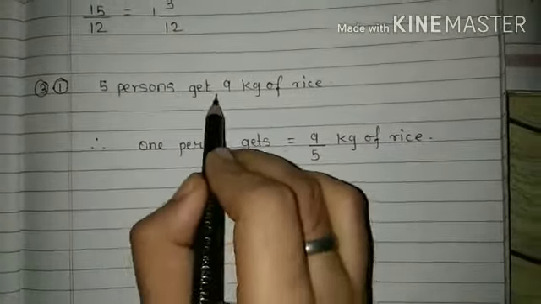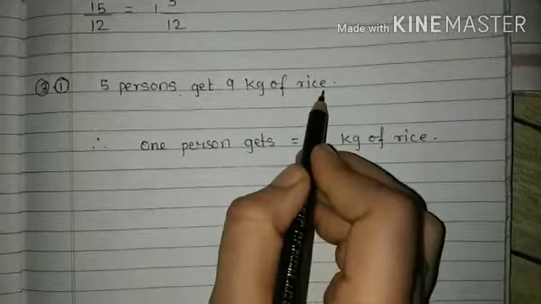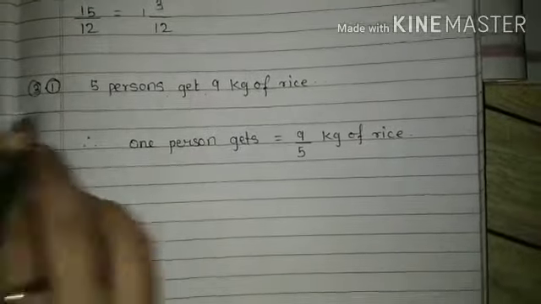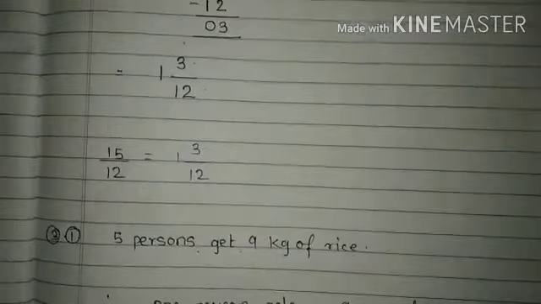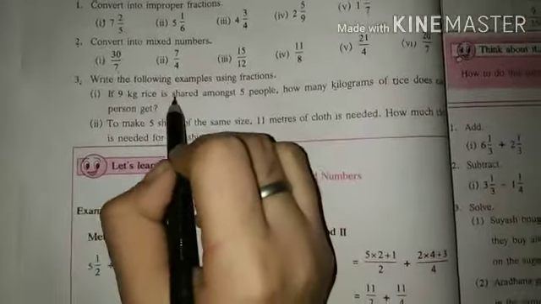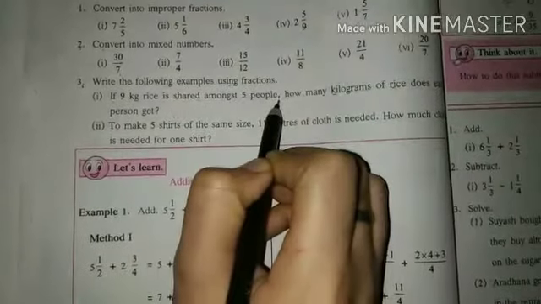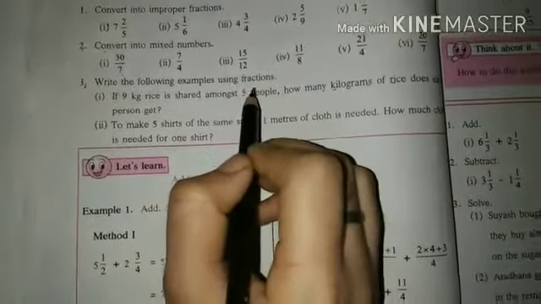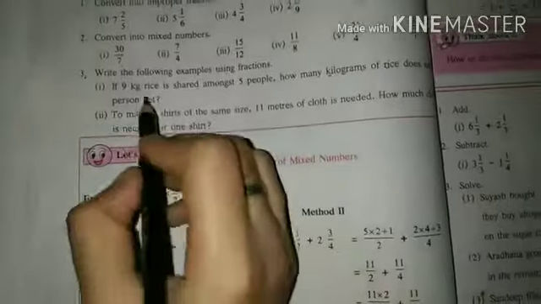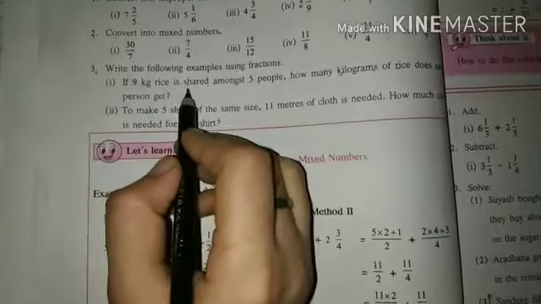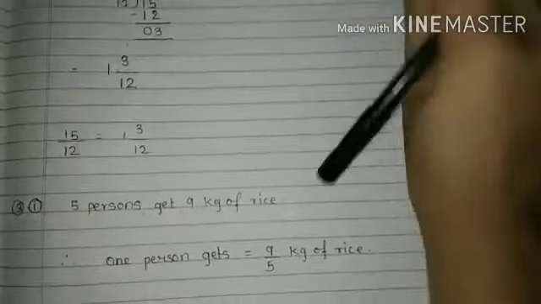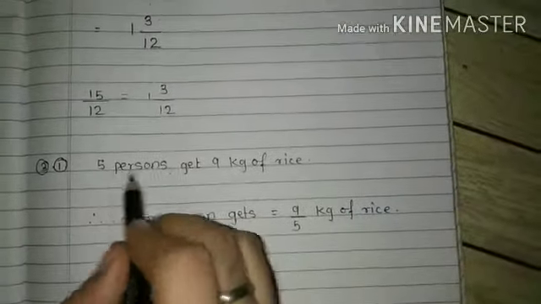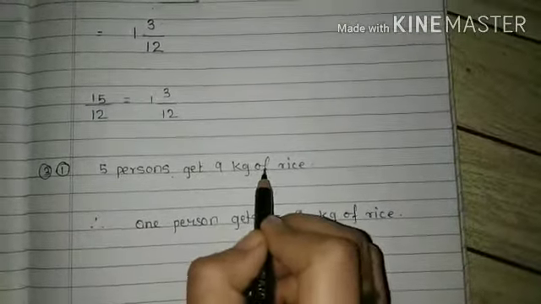5 persons get 9 kg of rice. Means you can see in the question, 9 kg rice is shared among 5 people. So 5 people are sharing 9 kg rice. So how to write in fraction form? 5 persons get 9 kg of rice.